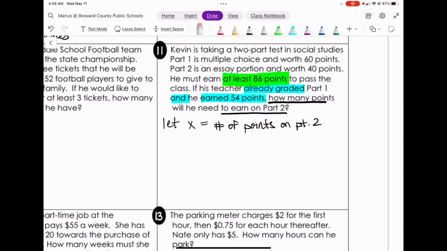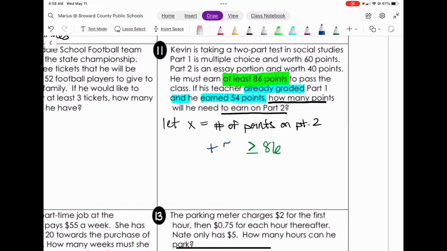So now that we know that x represents the number of points or his score on part 2, we want to go ahead and start breaking this down. Now, the first part that I highlighted was at least 86 points, which means greater than or equal to 86. Already graded and earned, that means he has it already.